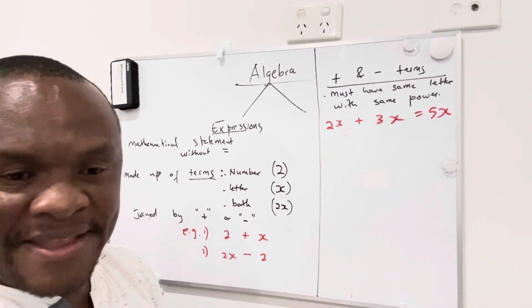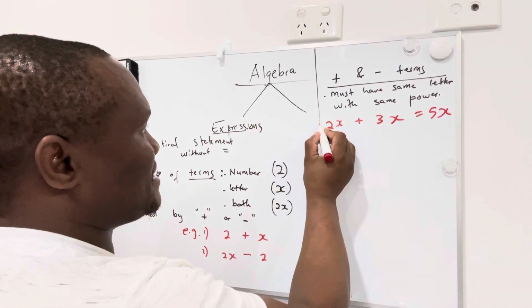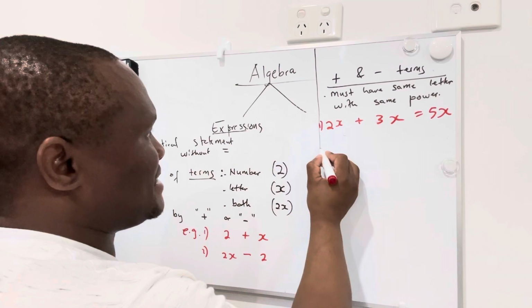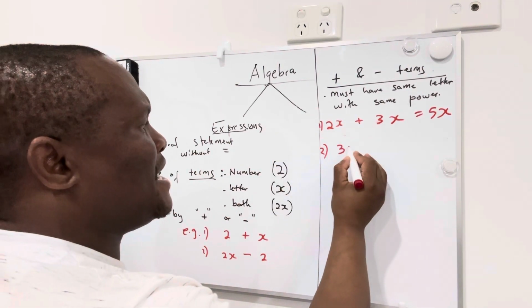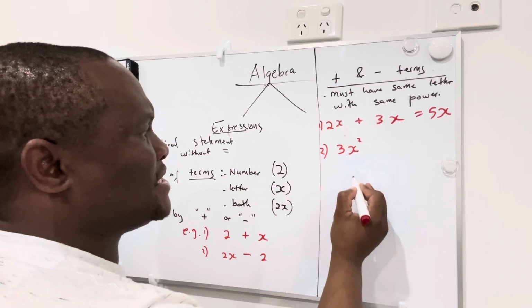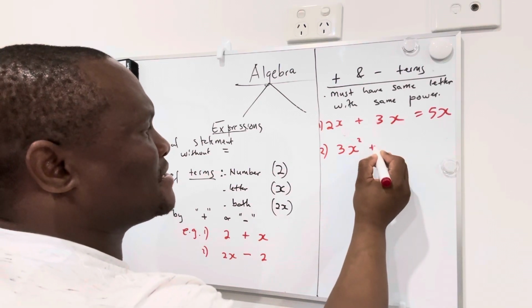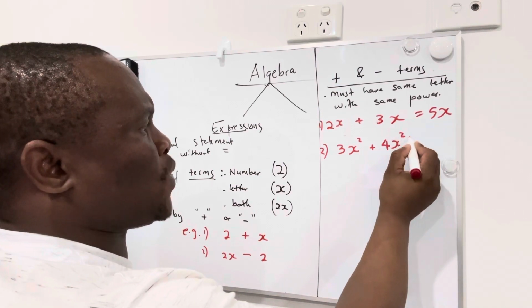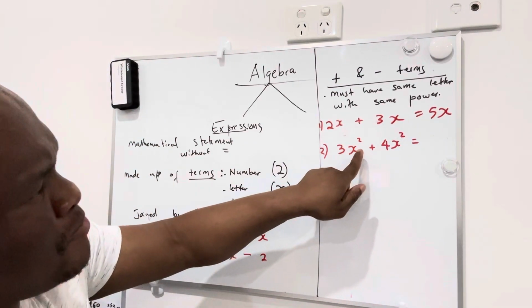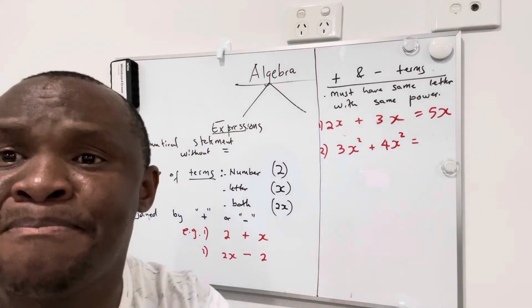So let's try another example here. This is example number 1. Example number 2: if we have 3x squared plus 4x squared. Now, the small 2 up there is a power.